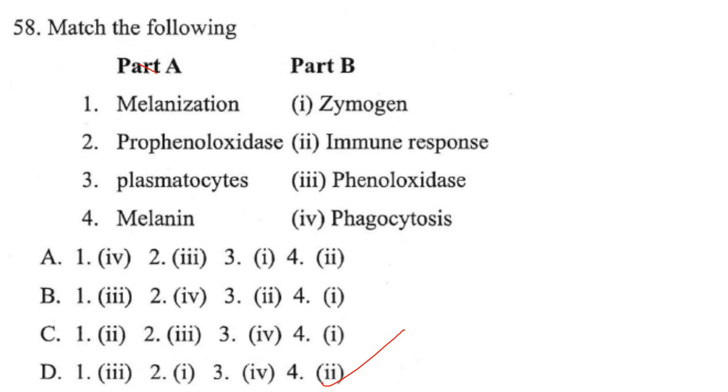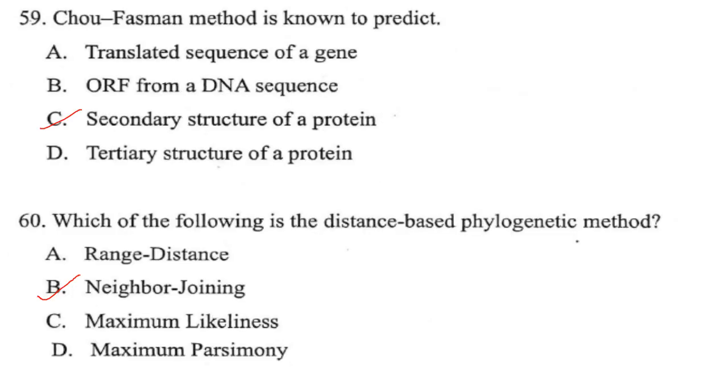So the answer here is option D. Then Chou-Fasman method is known to predict secondary structure of a protein. Alpha sheets, beta barrels, beta turns, alpha helix, beta sheets. All these can be predicted by Chou-Fasman method.